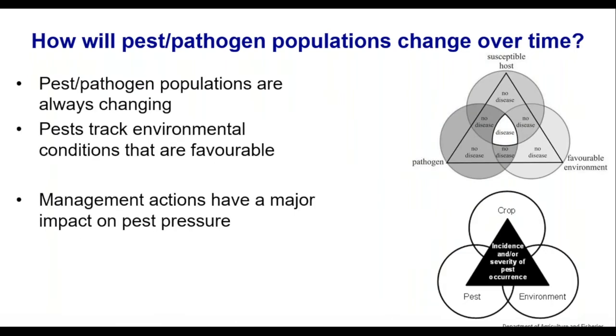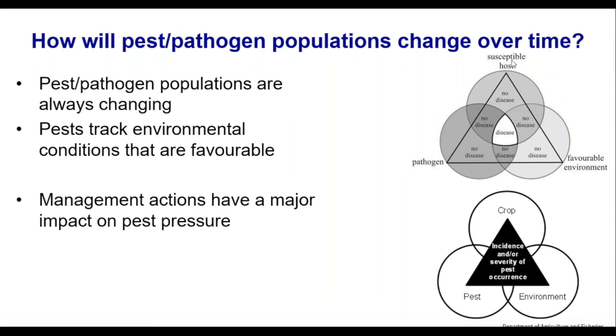What we do know is that pest and pathogen populations are always changing. And pests and pathogens track environmental conditions that are favorable. In a favorable year, they do very well. They potentially can be an outbreak situation.